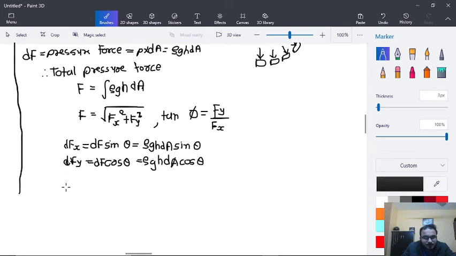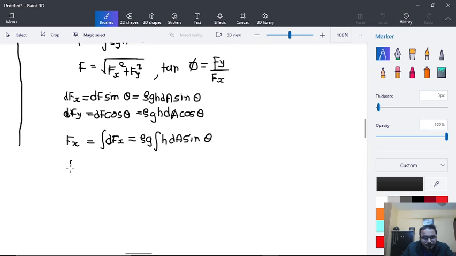So based on this, the value of Fx force will be equal to rho g will be outside. So first let me write down in this way. Fy, this is not a negative sign.